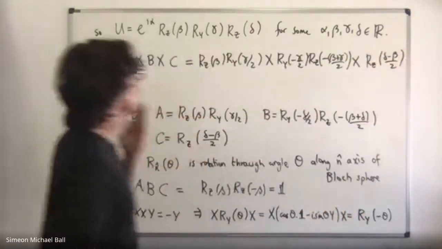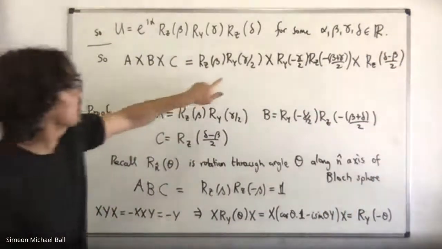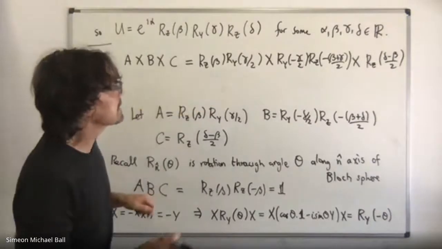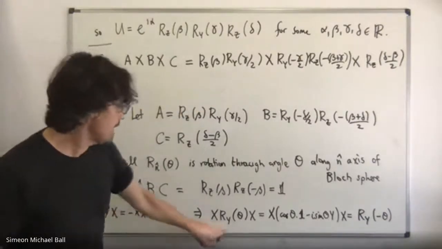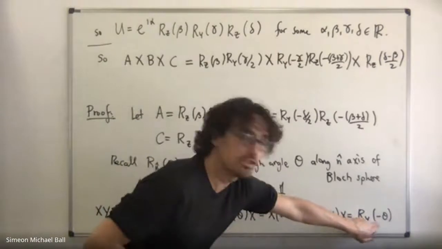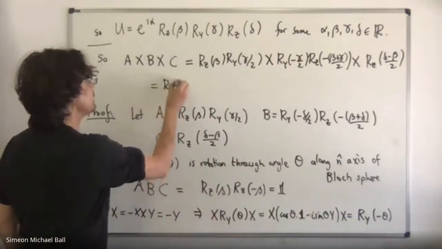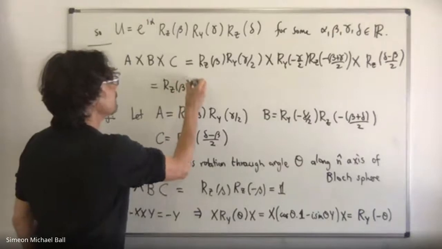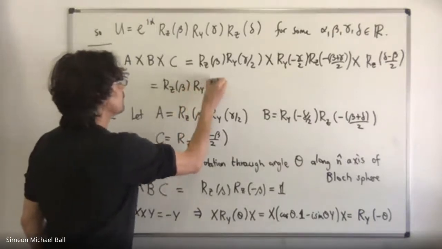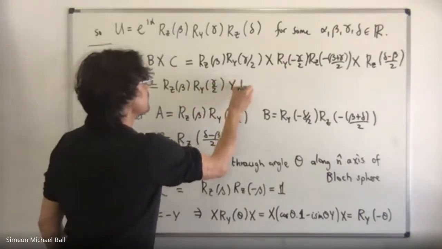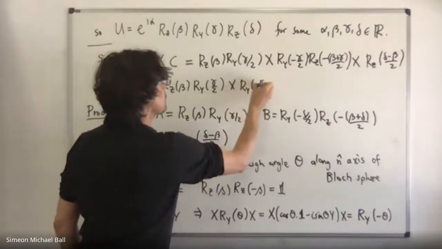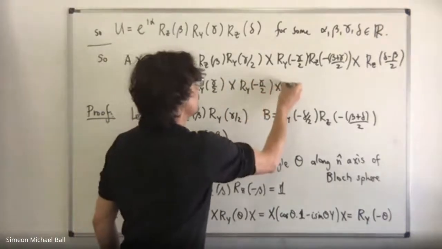Okay, that's it. So what we've just decided is that if we see an X, Ry, X, we should just change the sign of the angle. So let's stick a couple of X's in to make that happen. Let's put an X both here and here.